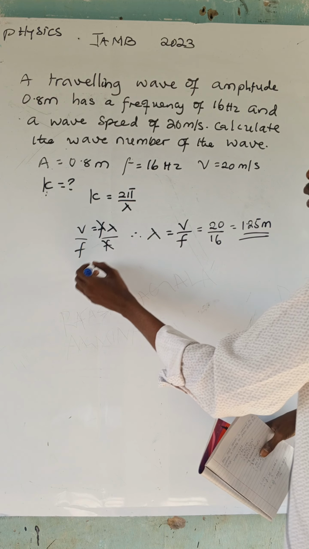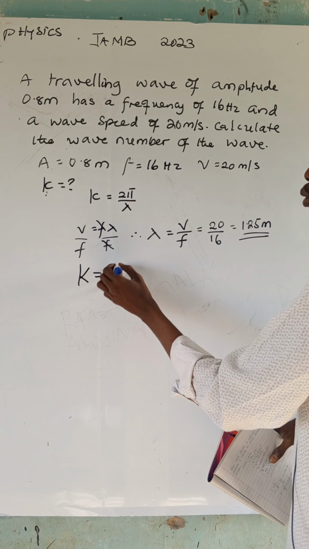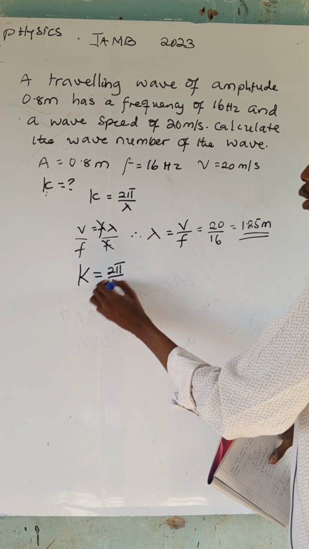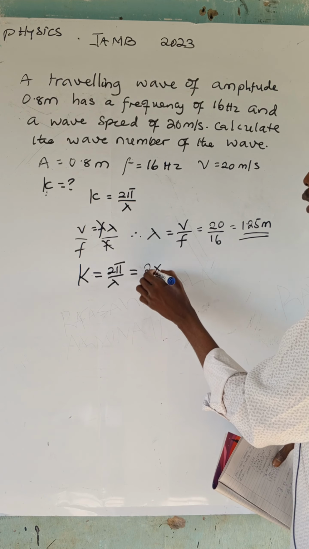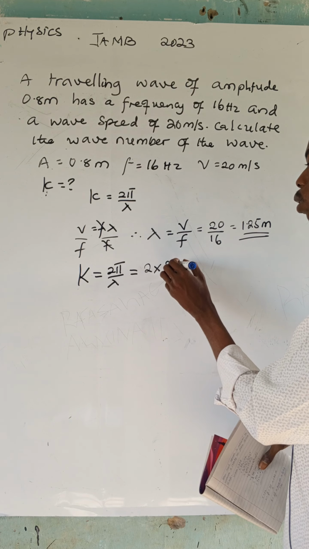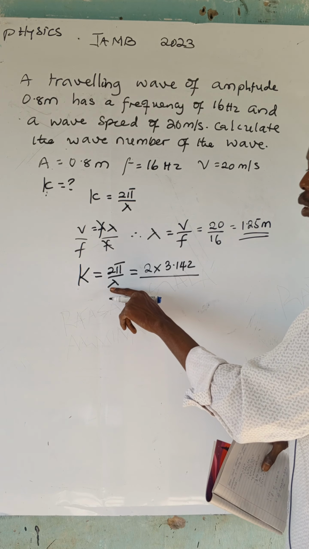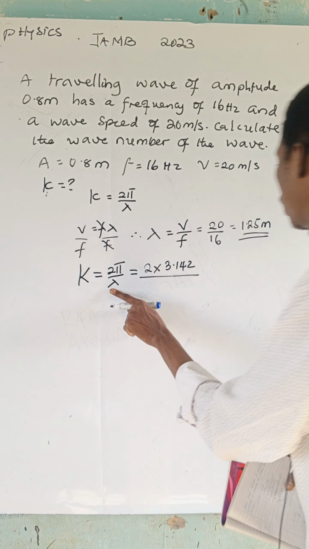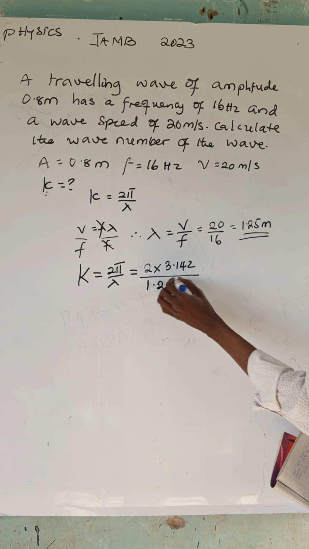So now we have lambda, we can find wave number. So let's go ahead and find it. Wave number K equals 2 pi over lambda, which is also equal to 2 times the value of pi, which is a constant, 3.142, divided by wavelength lambda, which we got as 1.25.